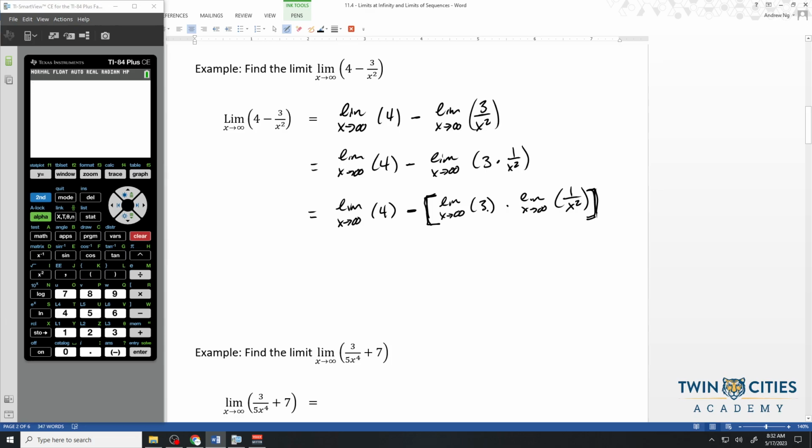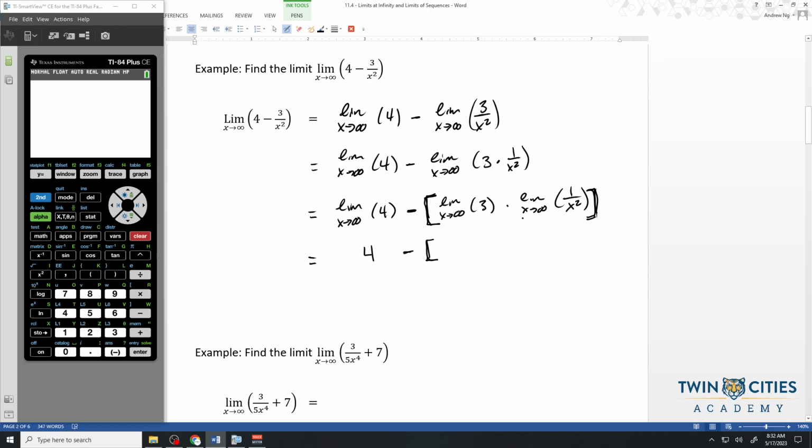Okay, now that I've got everything separated, what are all of these different pieces? The limit as x approaches infinity of 4, there's no x's here, so this will just be 4. Minus, in brackets here, the limit as x approaches infinity of 3.